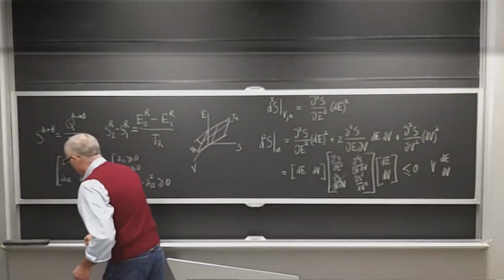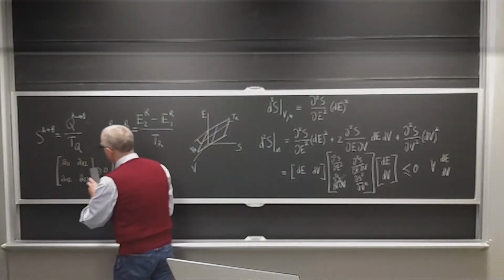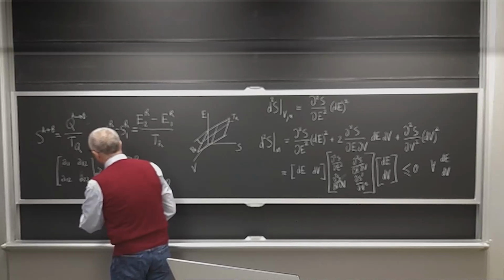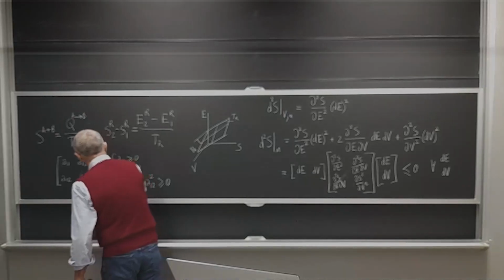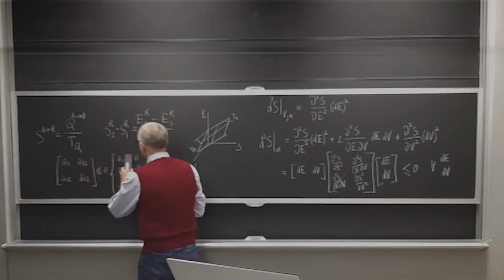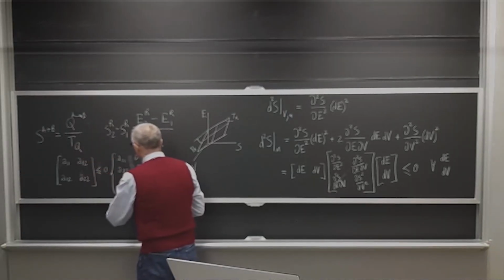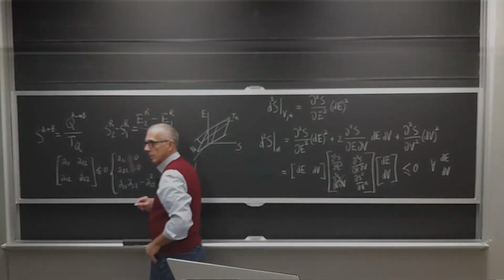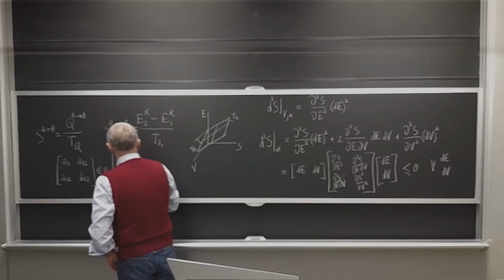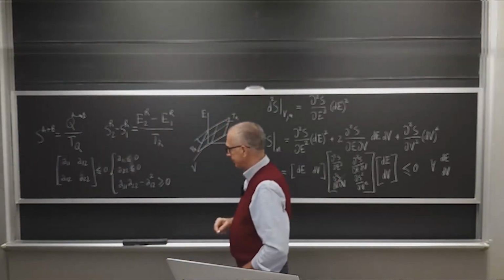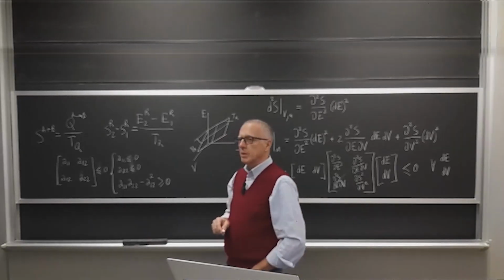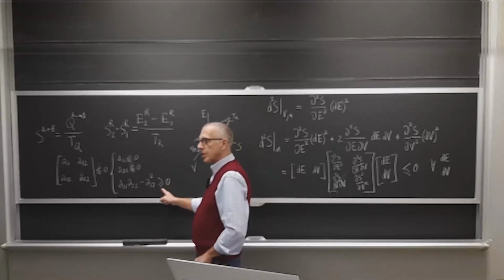Now if the matrix, instead of being positive semi-definite, is negative semi-definite, so this is less than or equal to 0, the entries on the diagonal should be non-positive. How about the determinant? Should I change the sign?